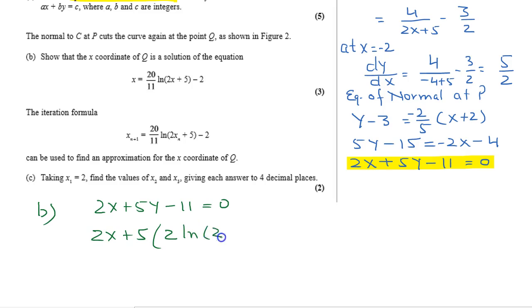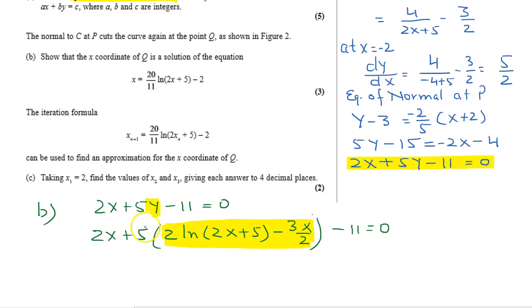ln 2x plus 5 minus 3x over 2, minus 11 is equal to 0. This is the value of y. So we have replaced this y by this equation.